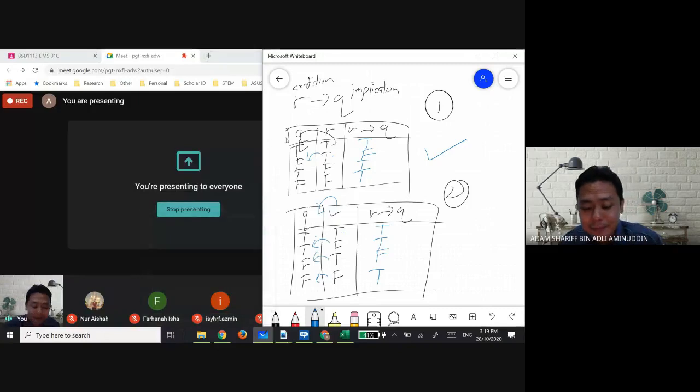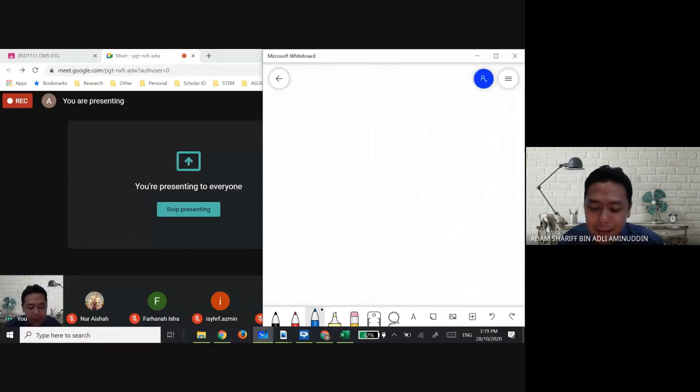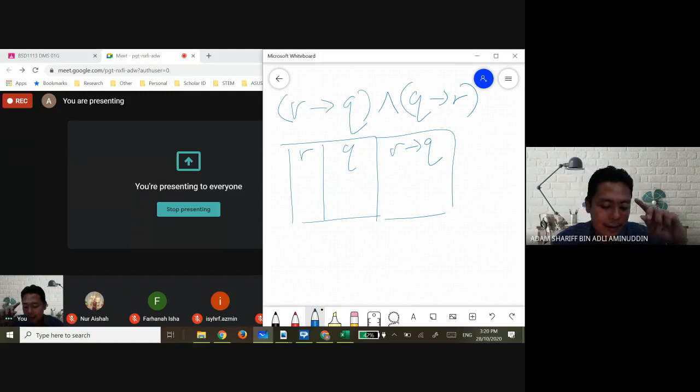Normally, student, kalau R implies Q, student susun R, Q betul. However, in the question, sometimes apa kata tiba-tiba saya tanya, R implies Q and Q implies R. Soalan yang macam ni student sometimes confused dan akan silap atas dasar ini.